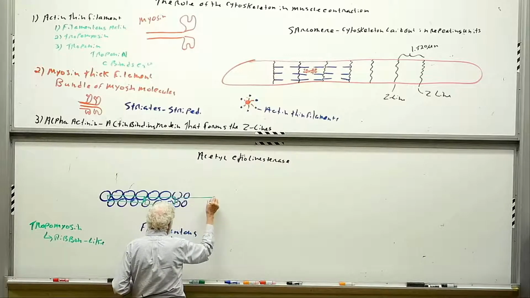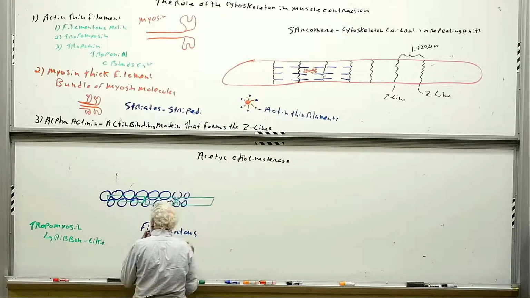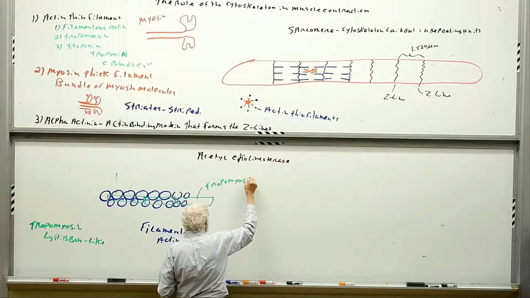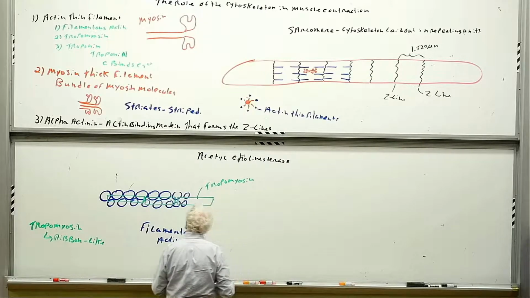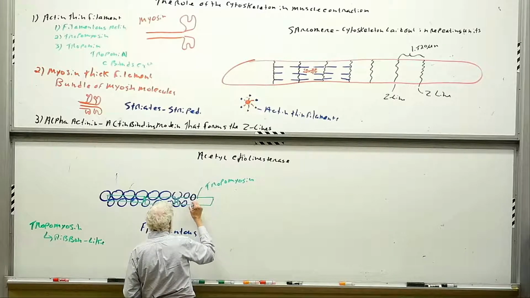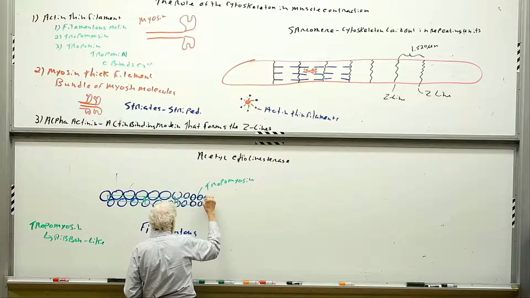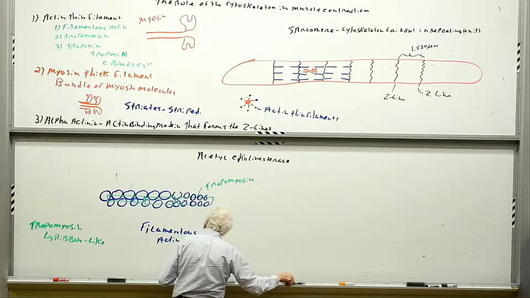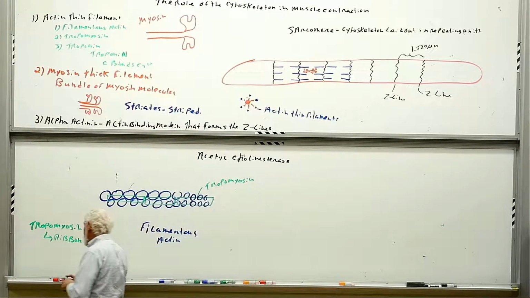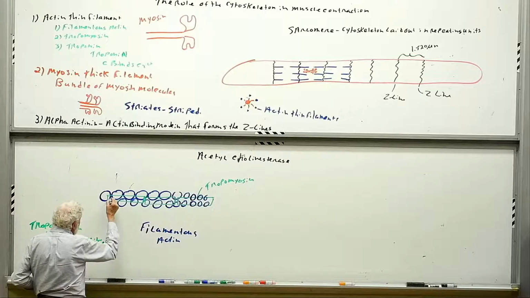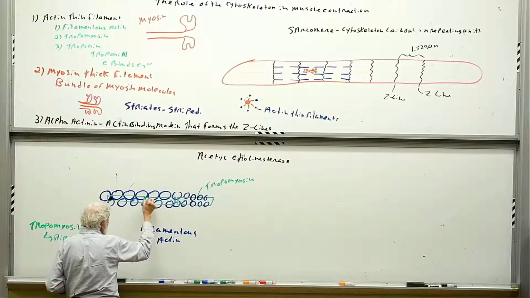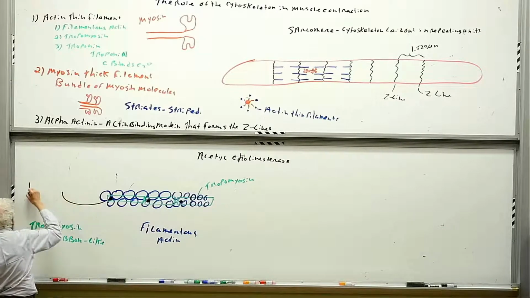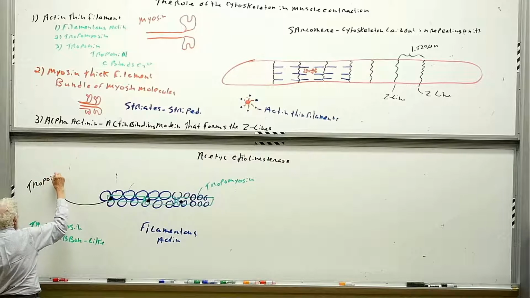Put another one out here. So this is intended to be tropomyosin. And I'll put a couple more actin monomers underneath it. Then the third character in the thin filament is going to be this structure I'm going to put out at the end of the tropomyosin. In black, this structure is meant to represent the troponin complex.